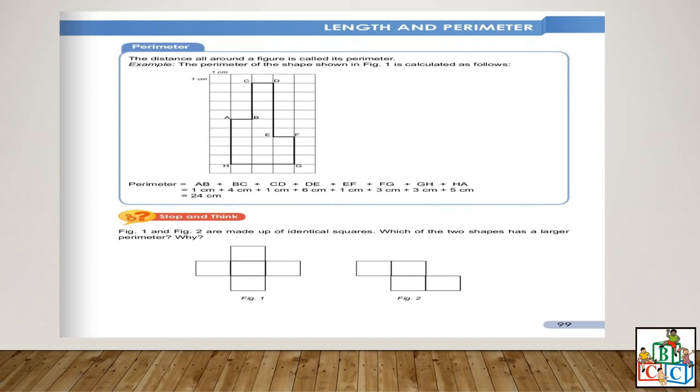The same for figure 1 and 2. You're going to calculate the perimeter. You're going to count the parts outside the shape for figure 1 and 2.